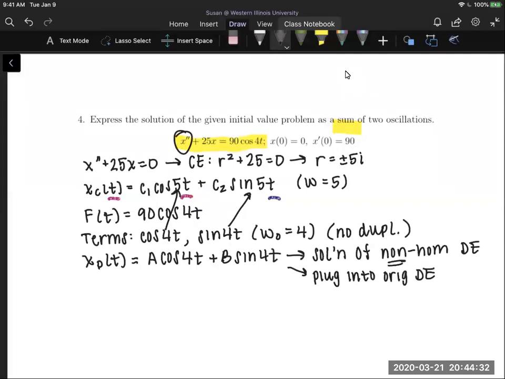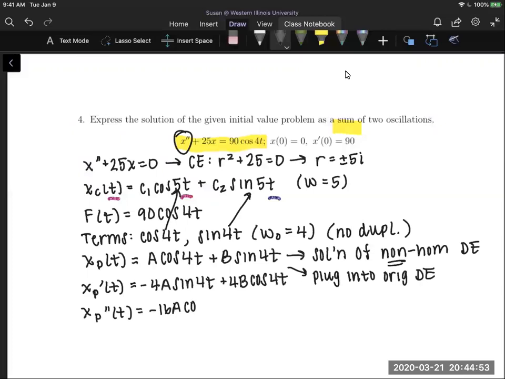We'll start with the first derivative, which is minus 4a sine 4t plus 4b cosine 4t. Now let's find the second derivative as well. That is minus 16a cosine 4t plus 16b sine 4t. Oops, I made a sign error there. That plus should actually be a minus.